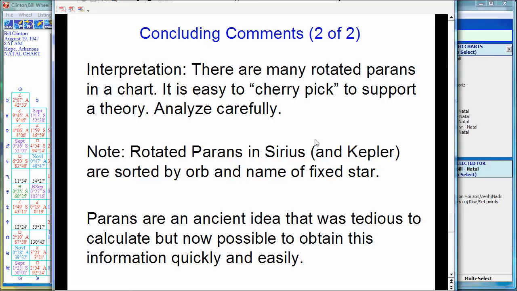I mean, they seem to make sense, and some astrologers are convinced they do. So I think it's something worth looking at, and it's also worth having developed this and working with it precisely and clearly according to the concepts, which we've done when we implemented this in the Kepler and Sirius programs.